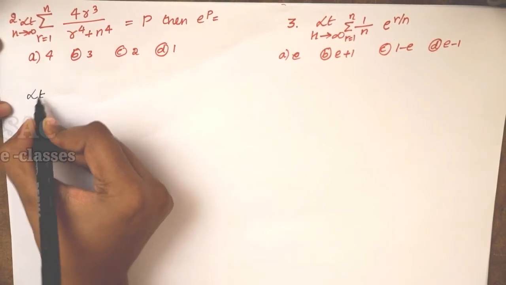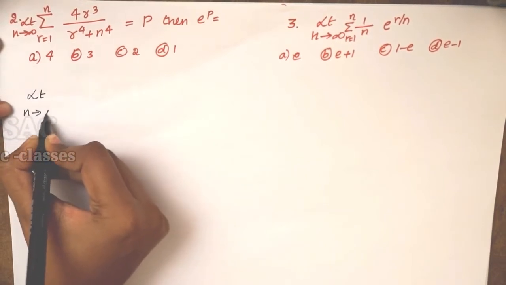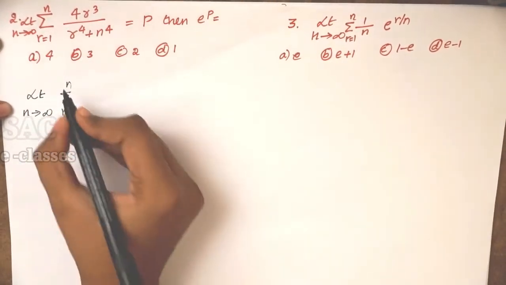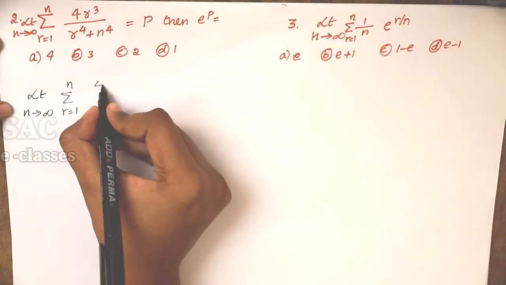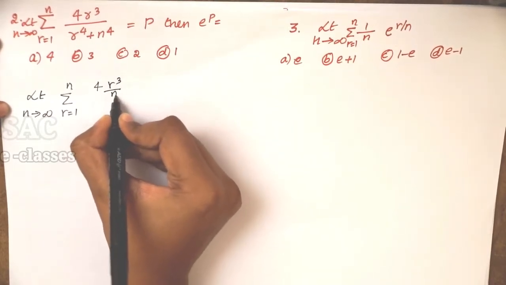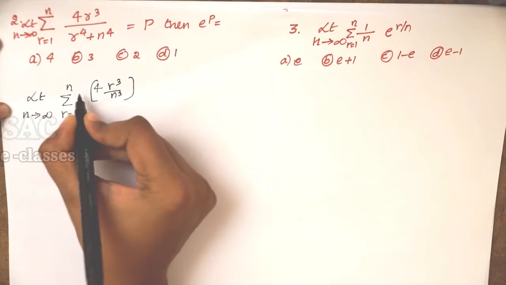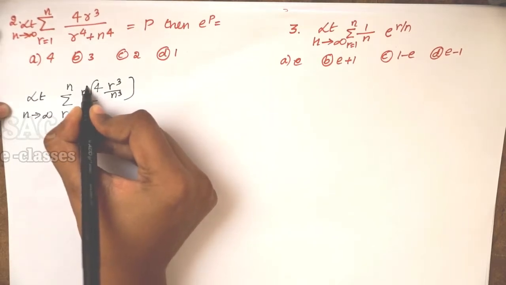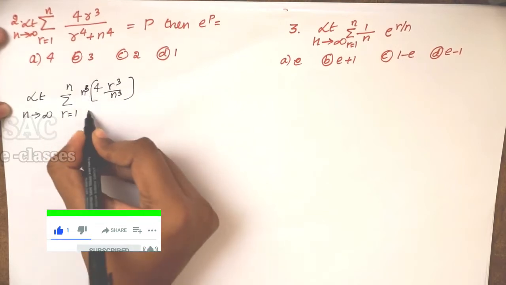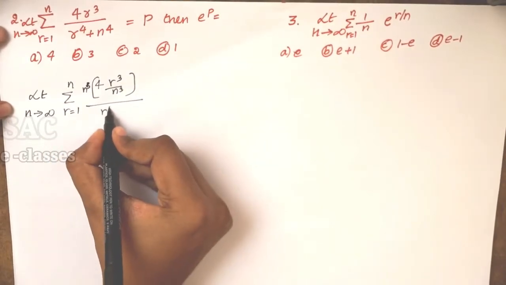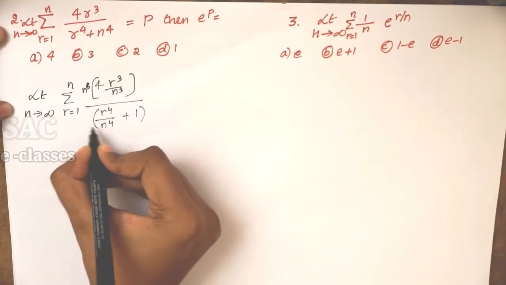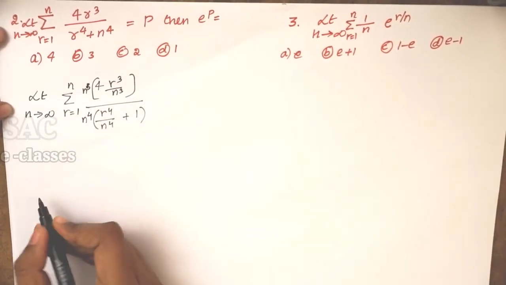Let us take limit n tends to infinity, sigma r equal to 1 to n. To get the 1 by n value, let me take n cube out, dividing with n power 4, so here n cube is better. From the denominator, r power 4 by n power 4 plus 1 into n power 4 we got.